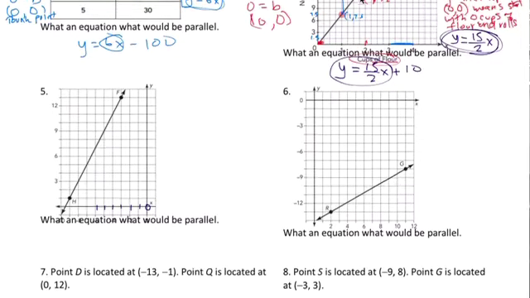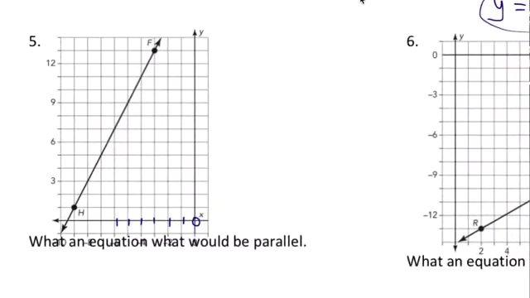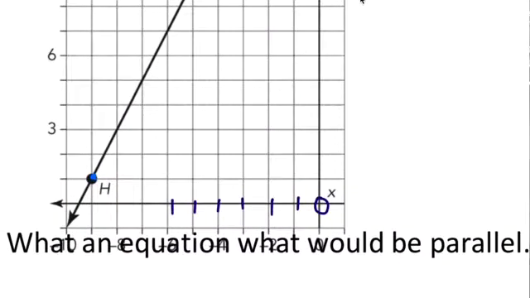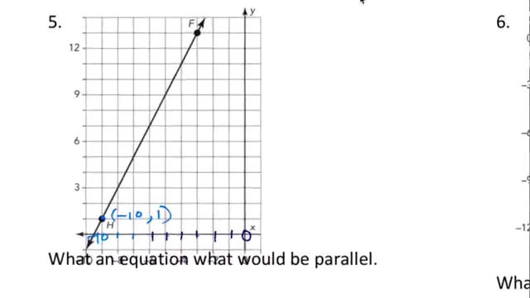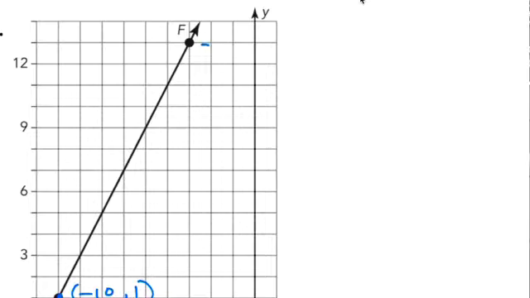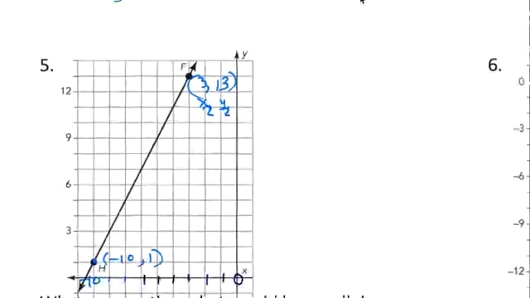All right. Same thing here. You got 2 points. These are numbered by negative 1, 2, 3, 4, 5, 6, 7, 8, 9, 10. It's negative 10 and 1, and 3 and 13. Second one, right?